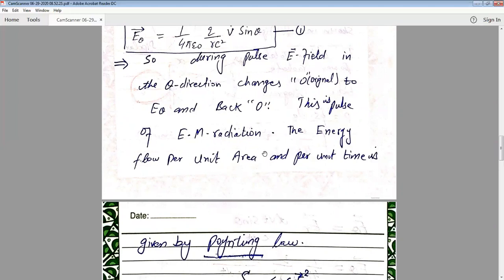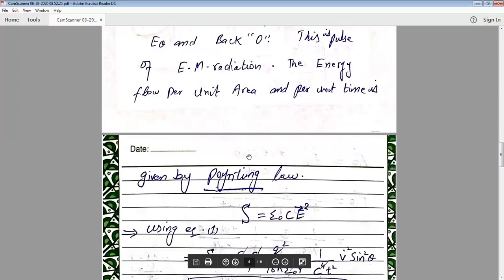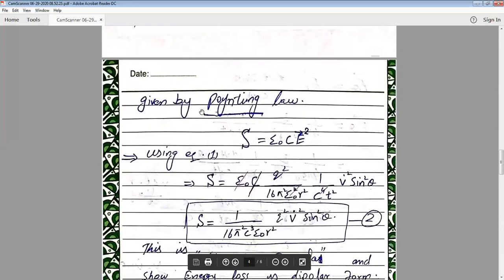The energy flow per unit area and per unit time is given by the Poynting law. The Poynting vector S is equal to epsilon naught c, where c is the speed of light, times the electric field E square.